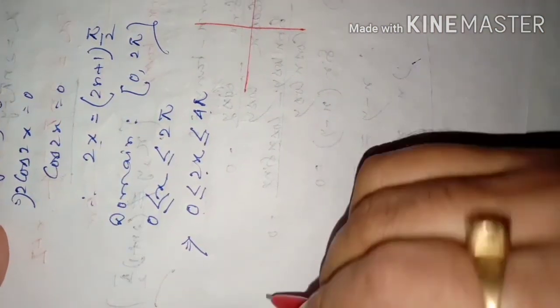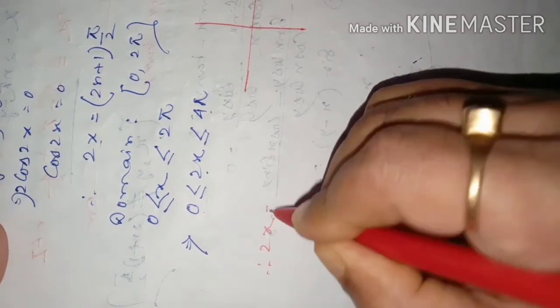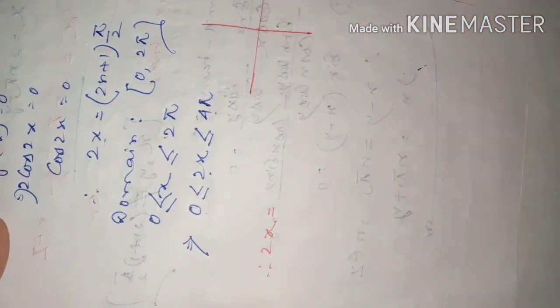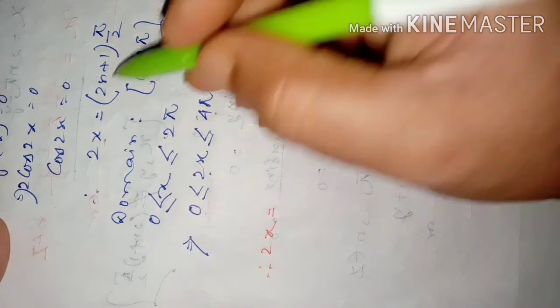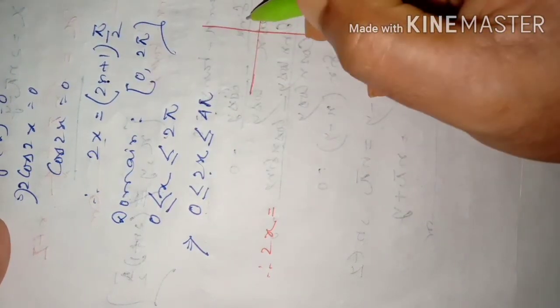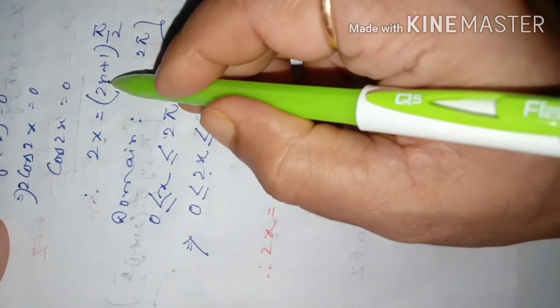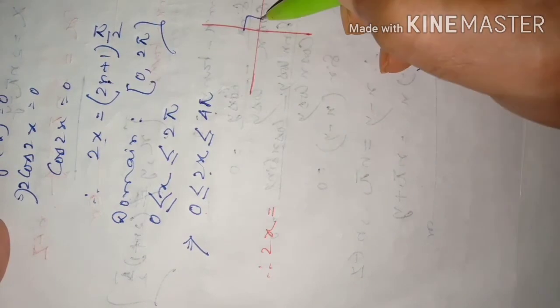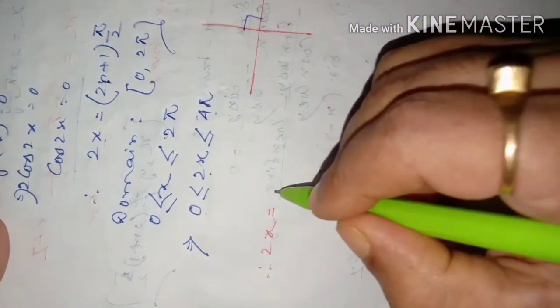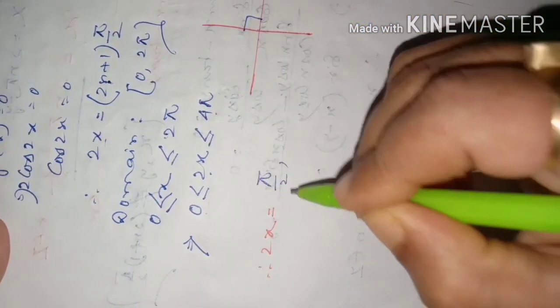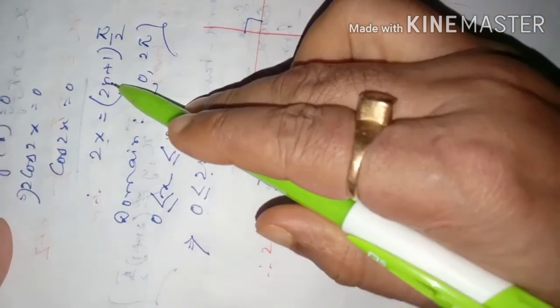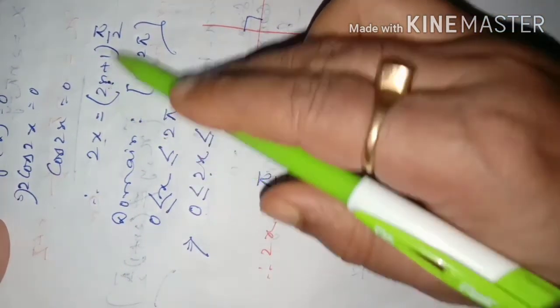So we can say like this, therefore 2x is equal to, if we take n equal to 0, it will be 1 pi by 2, pi by 2. And then if we take n equal to 1, then it will be 3 pi by 2.